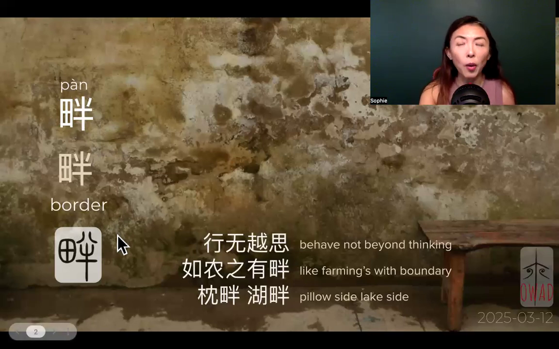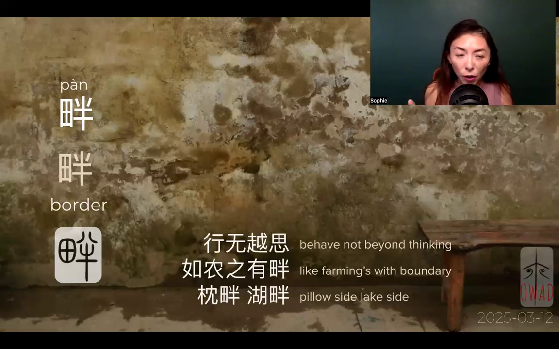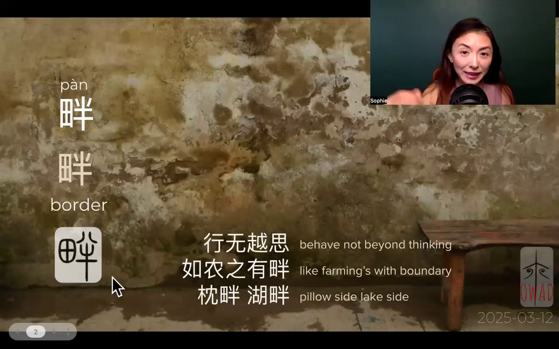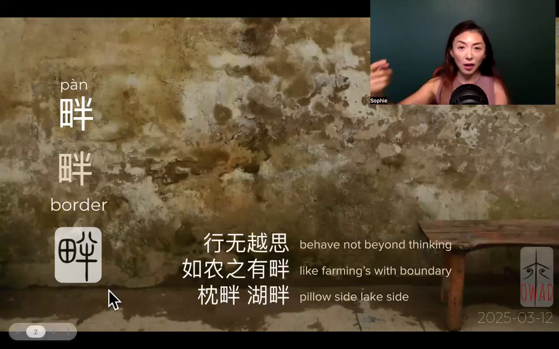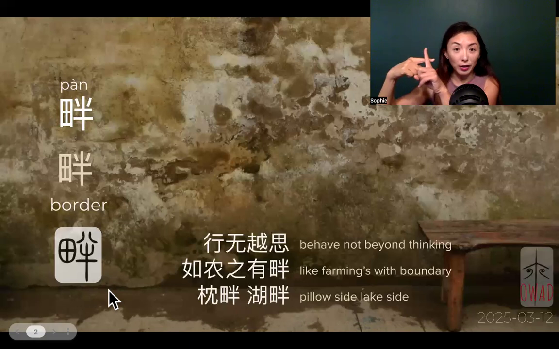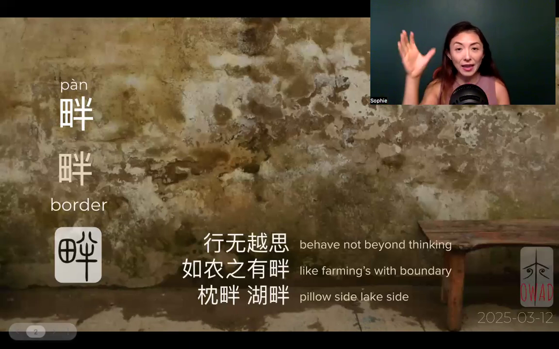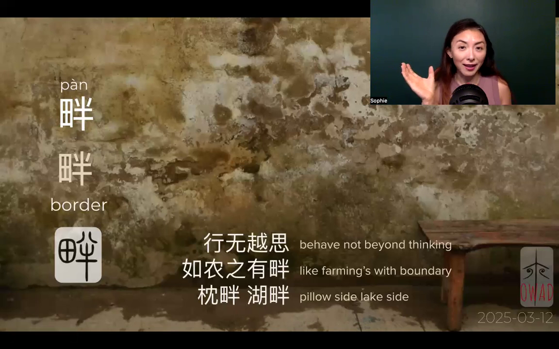And of course, the border came from the farming activity or the plotting. So cutting a piece of land between two different households, and this cutting is expressed by 半, which serves as a sound symbol, but it carries this meaning. It means half. So how do we express half? We have the ox symbol, with a coordinate, horizontal and vertical, to give you the spatial sense, and then the horns of the ox.